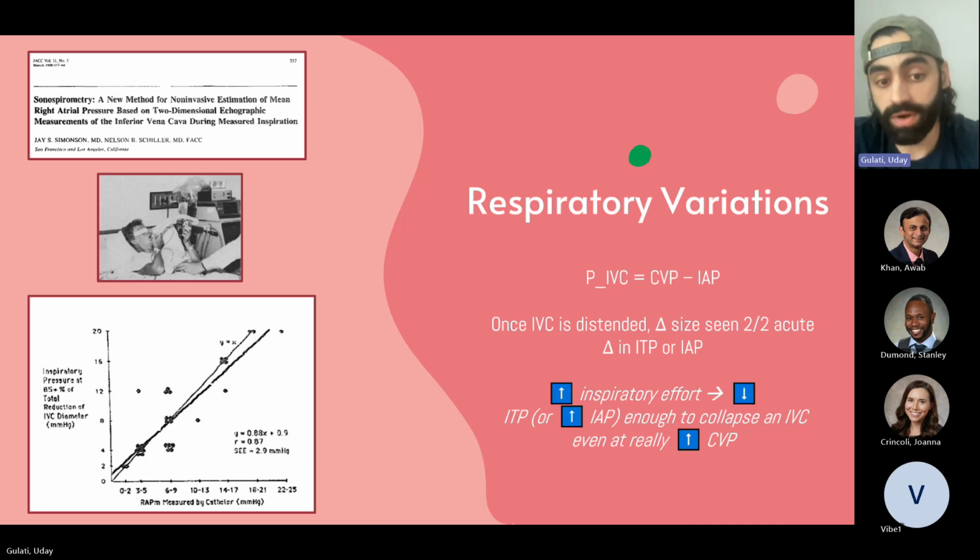If I take a big breath and decrease my intrathoracic pressure, I'm going to draw volume back into the thoracic space, so you're going to expect to see your IVC collapse. Even at really high central venous pressures, you're still going to see that collapse as fluid goes back in. That's how you get your respiratory variations.